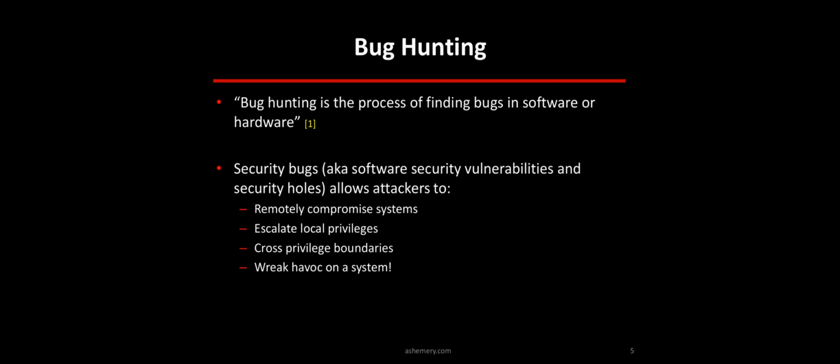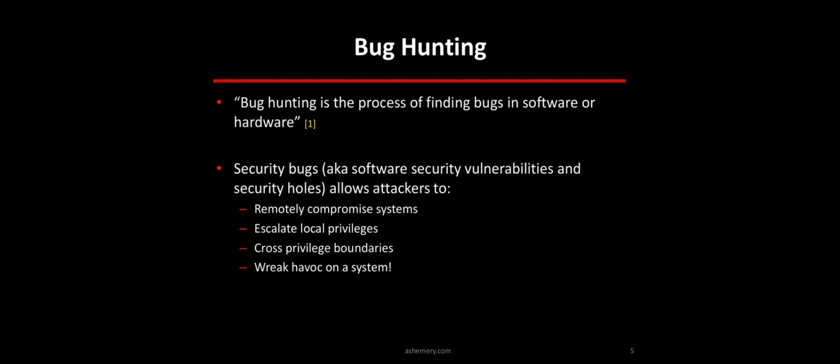And here I'm talking, by the way, about security bugs only, because not every software bug or hardware bug is exploitable or leads to an exploitation, and we'll see that in other sessions later on. So the idea here is to hunt those bugs which actually represent a weakness in that software or in that hardware. Okay, so what do these security bugs allow a threat actor or an attacker to do?